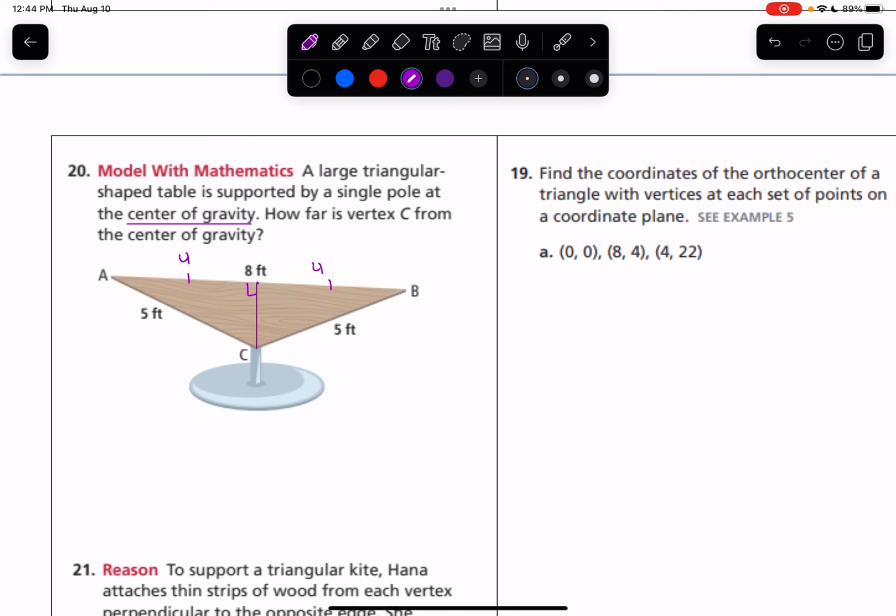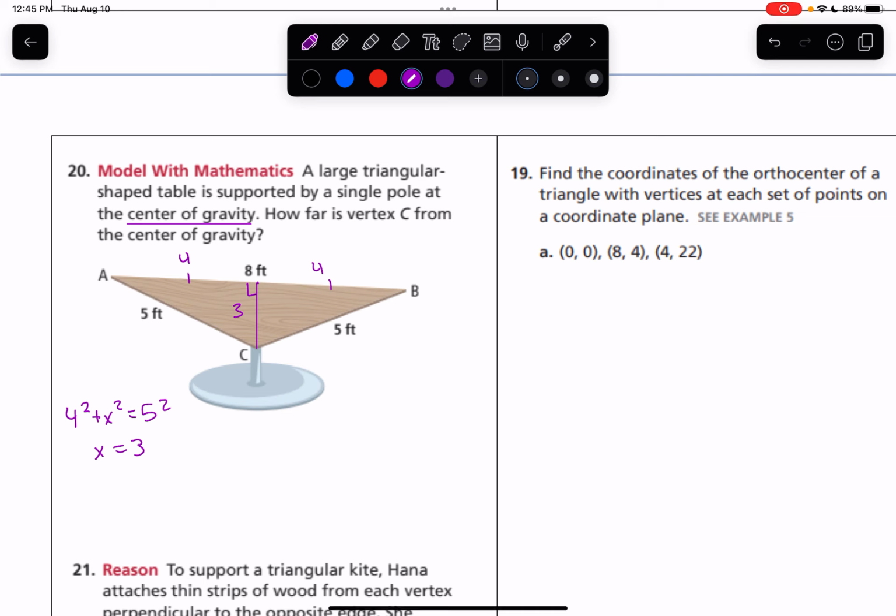So I have a right triangle with side lengths of 4 and 5, right? We can remember our Pythagorean triples, or we can use 4 squared plus x squared equals 5 squared to find out that x equals 3. So this is 3 units long.